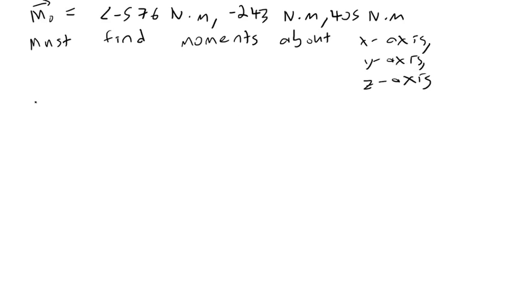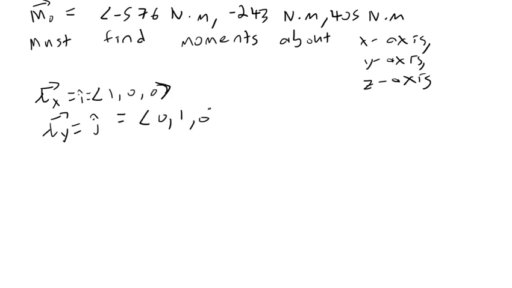However, the lambda for the x-axis is fairly trivial. It's just i, which is 1, 0, 0. The lambda for the y-axis is just j, or 0, 1, 0. And lambda for the z-axis is just going to be equal to k, which is 0, 0, 1.